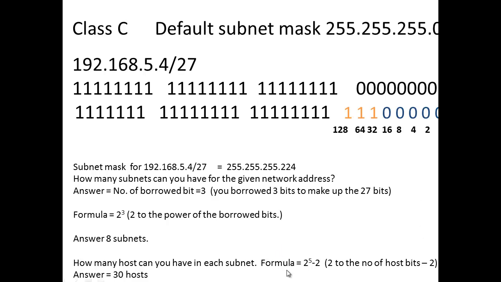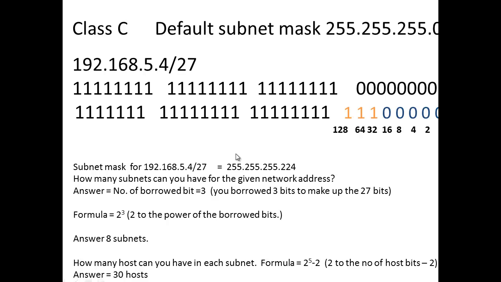Right now, let's concentrate on the formula. 2 to the power of 5 minus 2, and that will give us 30 hosts. So you can look at your calculation, make sure that you do the calculation correctly, and you will get the correct answer. Let's go over this one more time.